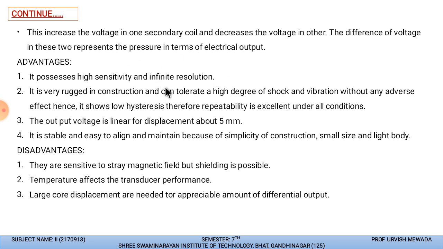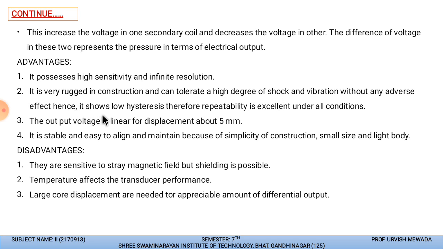Because we are using a core and a setup of winding and former, it provides a rugged construction, and it can tolerate a high degree of shock and vibrations, so it can be used for industrial purposes. Whenever such shocks or vibrations occur, it will not change its property or characteristic, which makes it viable for industrial use.